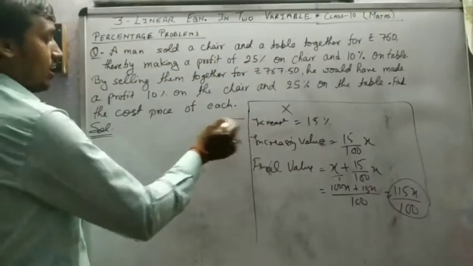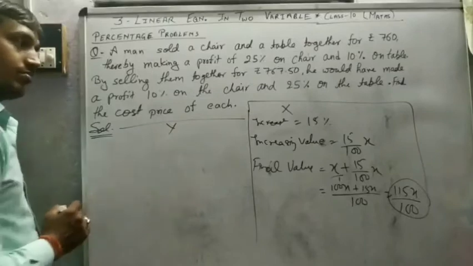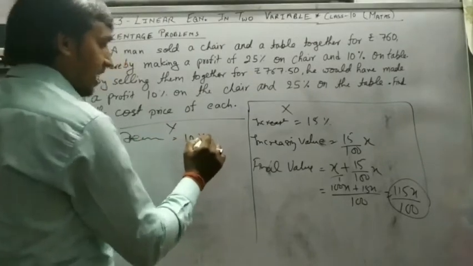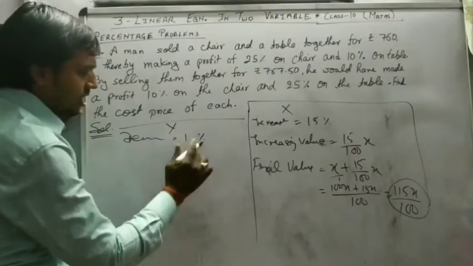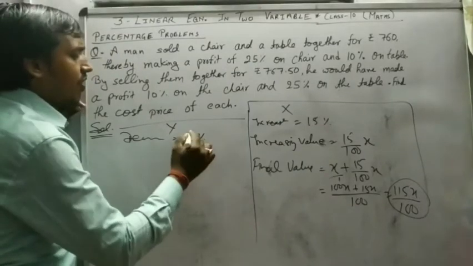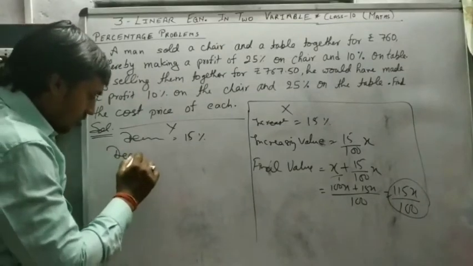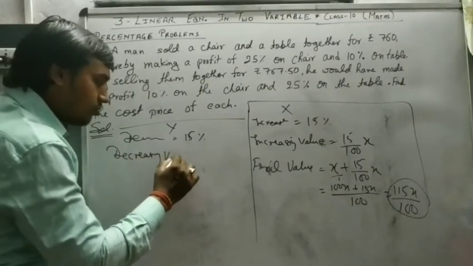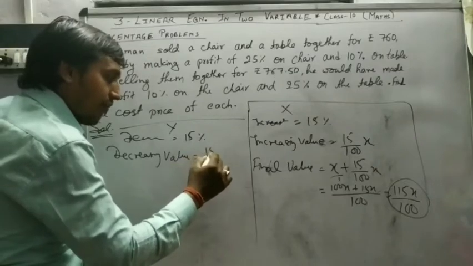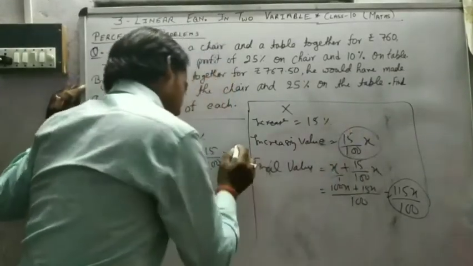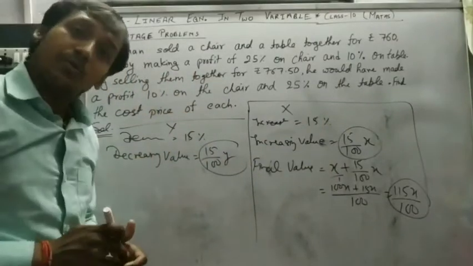If I say any value y decreases 10%, let's take 15%, decreases 15%. So the decreasing value is 15% of y, same, because it's only a percent problem.